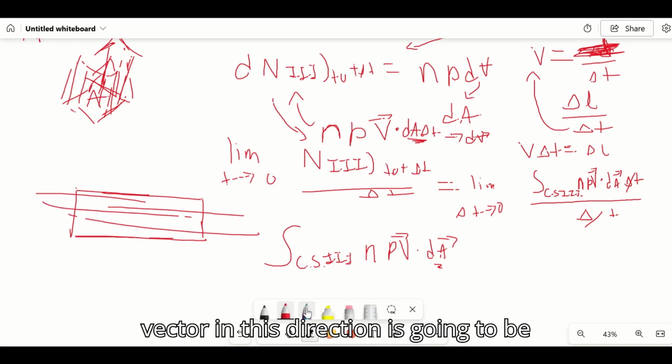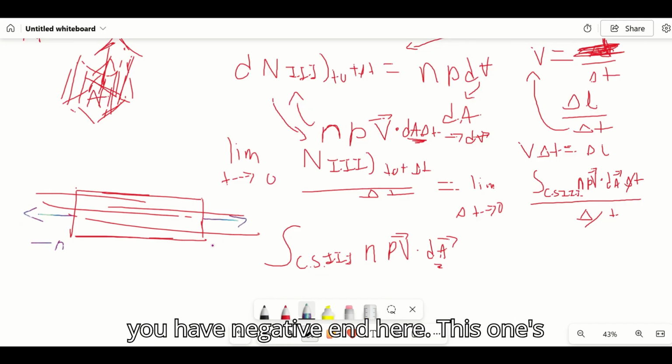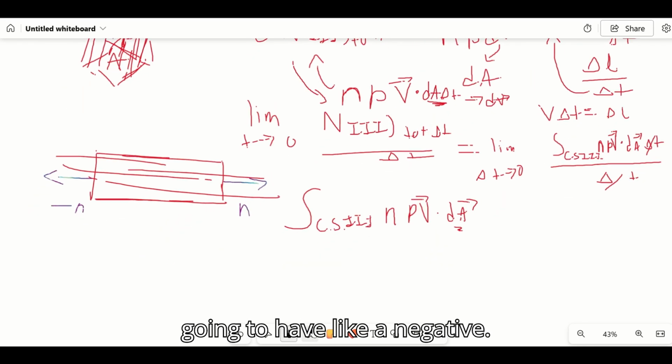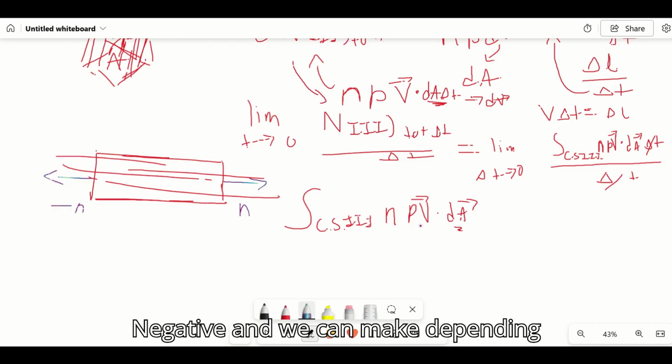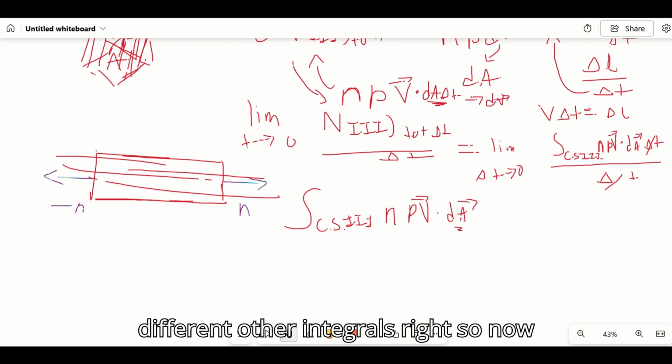Our area vector in this direction is going to be going like that, and that's negative. So you have a negative n here. This one's positive, so we're going to have a negative, and depending on the control surfaces, we'll have different other integrals, right?